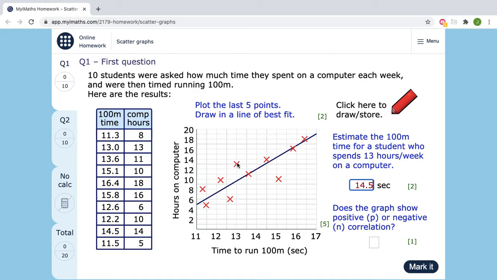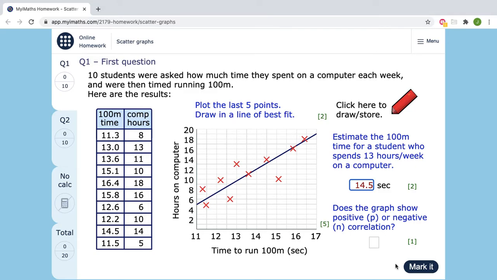So 13 seconds and 13 hours on the computer. So it is a badly designed question in the sense that there is already such a person in the data set, but they want you to do this according to the line of best fit, so make a prediction according to the general pattern that you've observed.